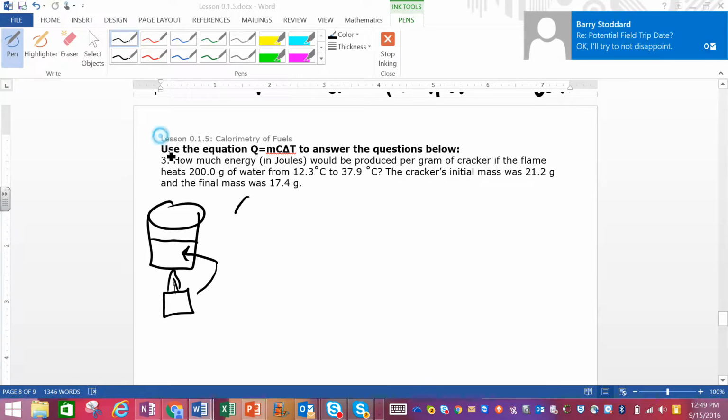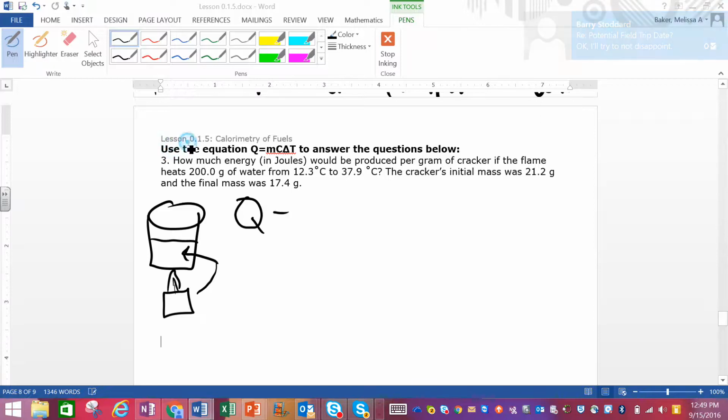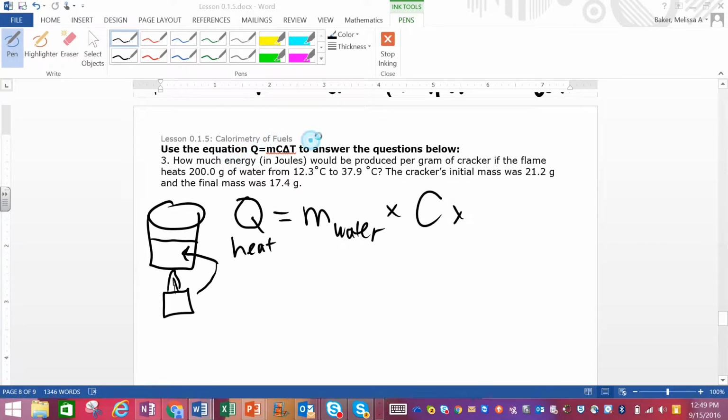So I can use a little calculation formula here. The heat energy transferred to the water is equal to the mass of the water times the specific heat for water times the change in temperature of the water.